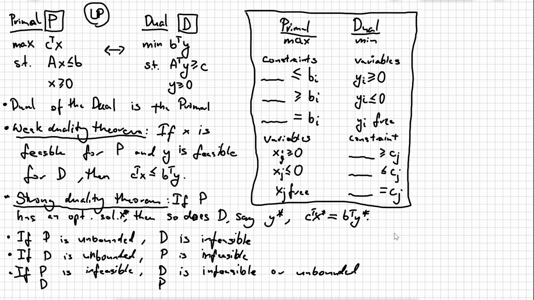So generally, if you consider all possible cases, we can create a table where we say, well, this is the primal problem. It's either optimal or infeasible or unbounded, right? And the same thing, we can say the dual could be optimal or infeasible or unbounded.